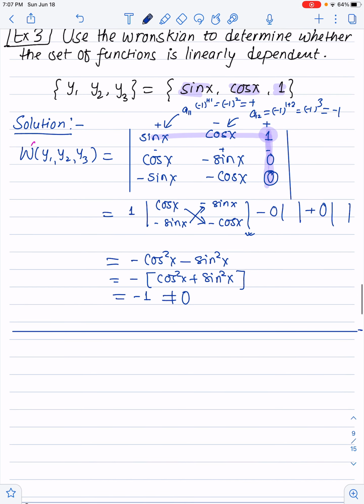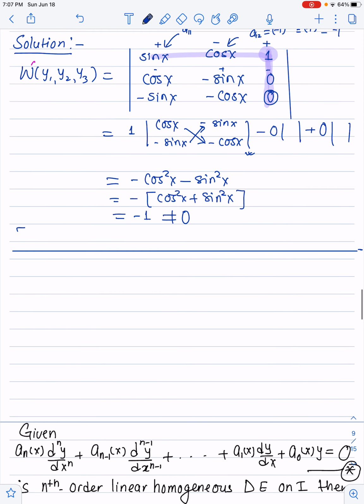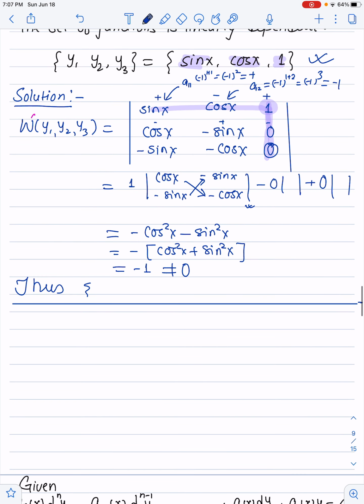That means this set of functions is linearly independent. Thus, the set of functions sine x, cosine x, 1 is linearly independent.